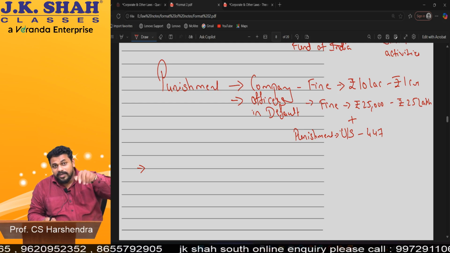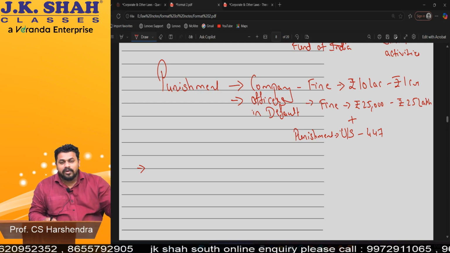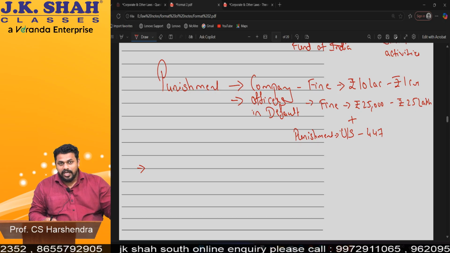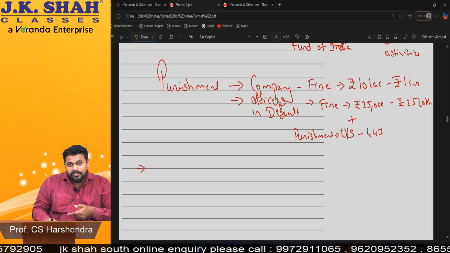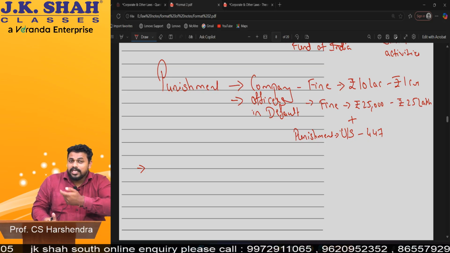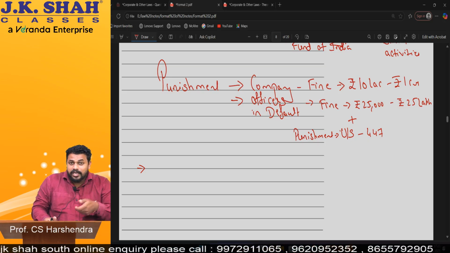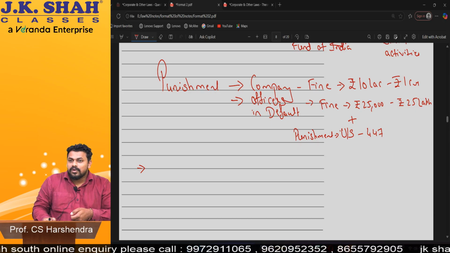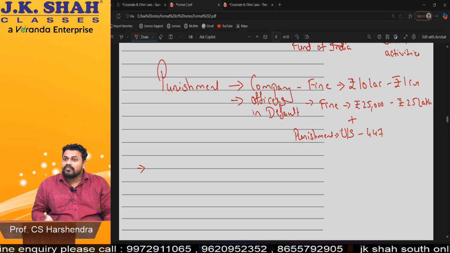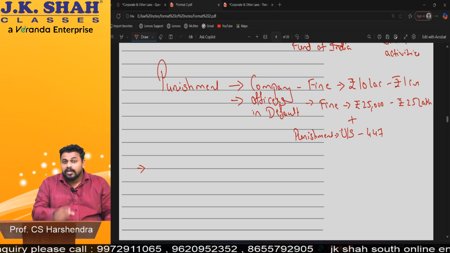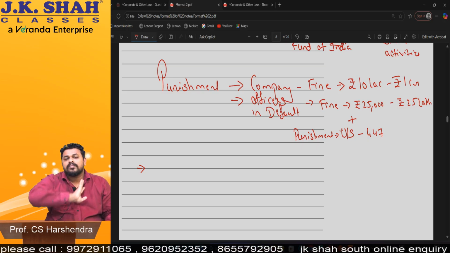Now just imagine, beta, while forming the company, I wrote the main object, beta, charity. Okay, then beta, I got the license exemption, and then beta, with members' approval, what I did, beta, I changed the object clause from charity to profit making. Yes or no? So here I am taking exemption, and here I am earning profit also. Again fraud I am doing. So that is the reason, beta, without central government approval you cannot change it.